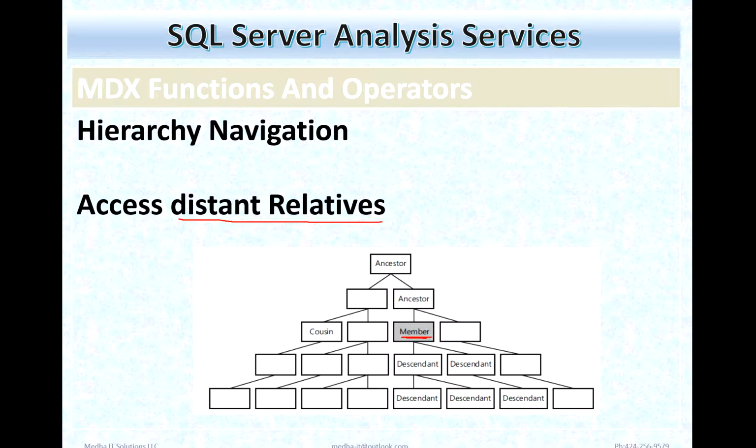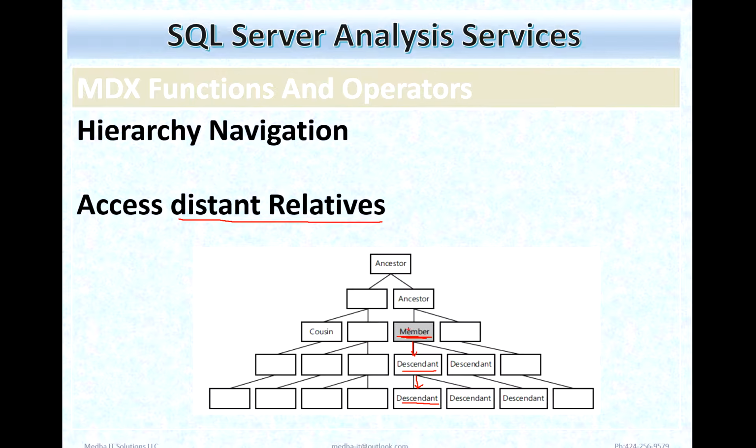In this picture, this one shows distant relationships or distant relatives of the current member. If we think this member is our current member, then all the members that are derived out of the current member, or that are children of the current member, are called descendants. So, this one is a child and then the next level is grandchildren, right.